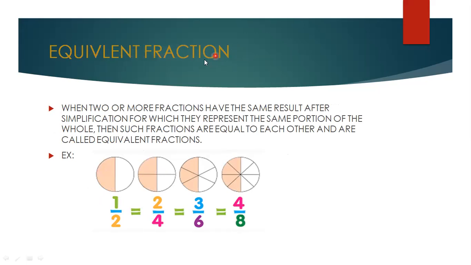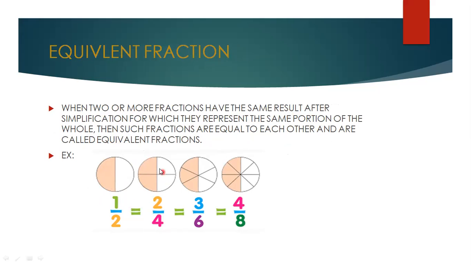Next, equivalent fraction. When two or more fractions have the same result after simplification, so that they represent the same portion of the whole, then such fractions are equal to each other and are called equivalent fractions. See here for example 1 by 2.